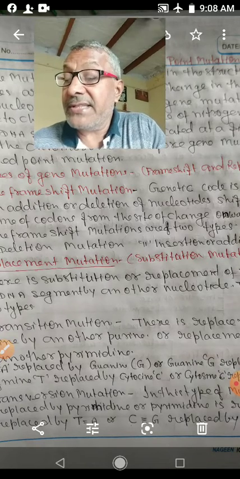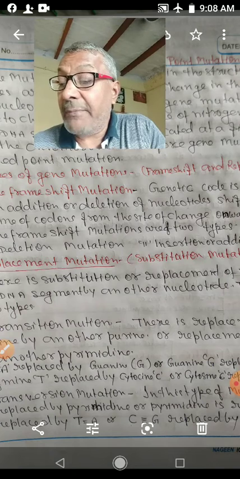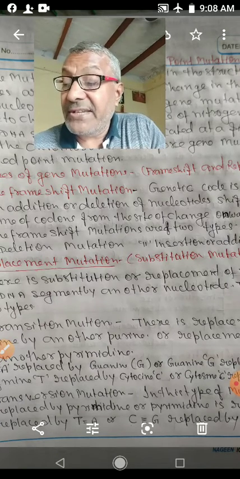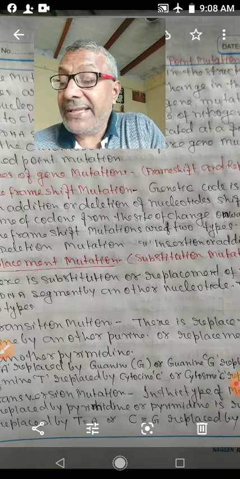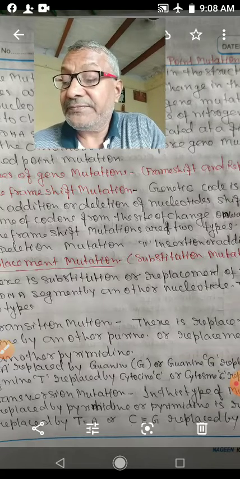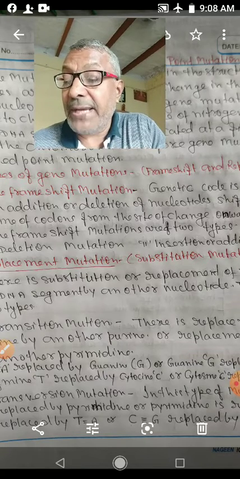Most gene mutations are minor and they are recessive, like sickle cell anemia. It is also an example of gene mutation.